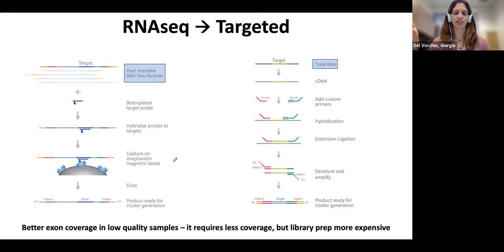You are just targeting the exons. So you can save money on the sequencing later. You are paying a little bit more for the library prep, but you can save money later for sequencing.